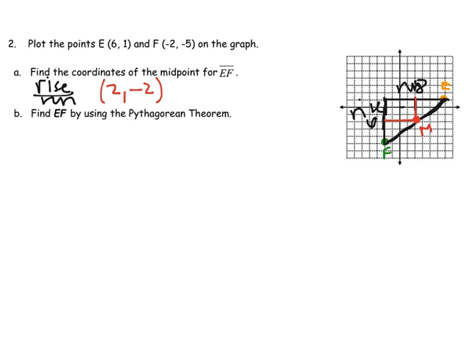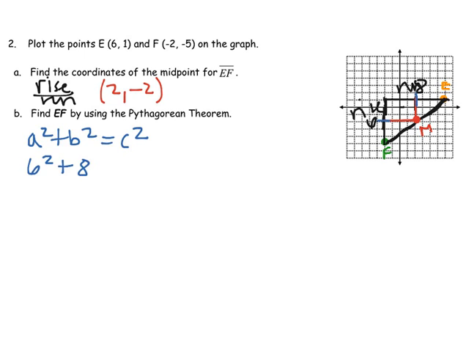We're going to use the Pythagorean theorem to find the actual length of EF. This is where the Pythagorean theorem will come in handy. So remember that the Pythagorean theorem is a squared plus b squared equals c squared. Remember the legs of your triangle, which are the 6 and the 8. Those are the legs that get plugged in for a and b.